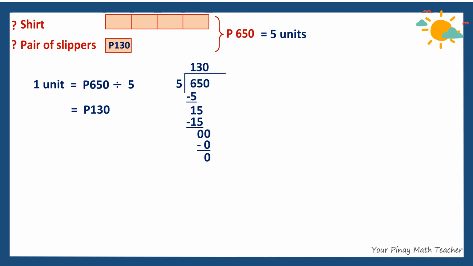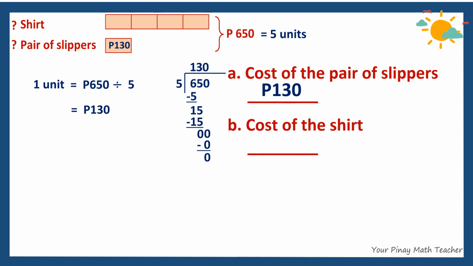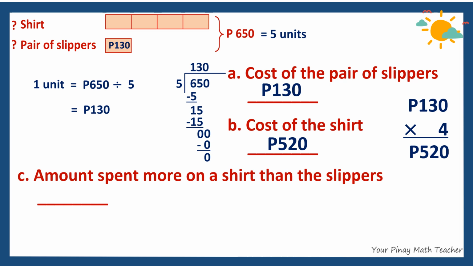This means that the cost of the pair of slippers is 130 pesos. For the cost of the shirt, you simply multiply 130 pesos by 4 since there are 4 blocks for the shirt. And this gives us 520 pesos.